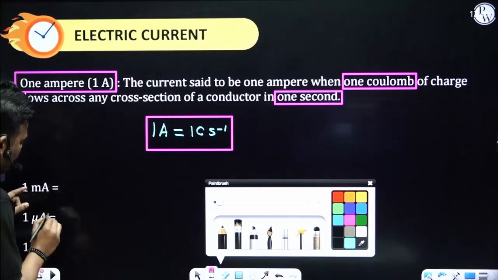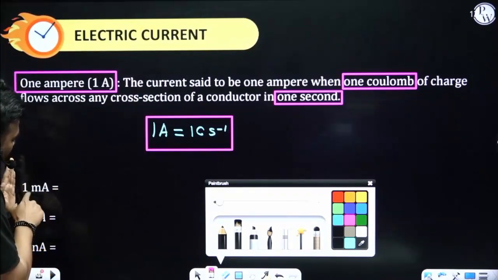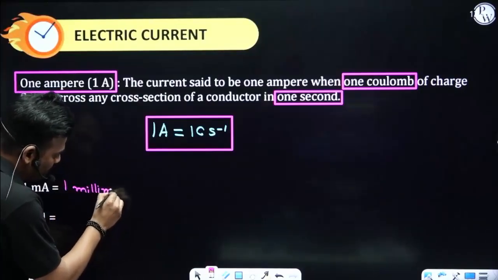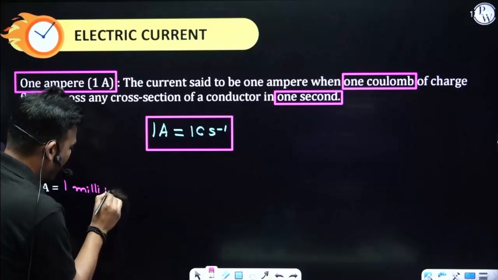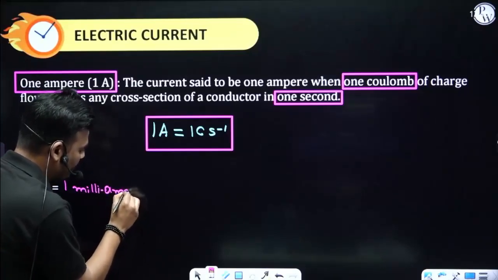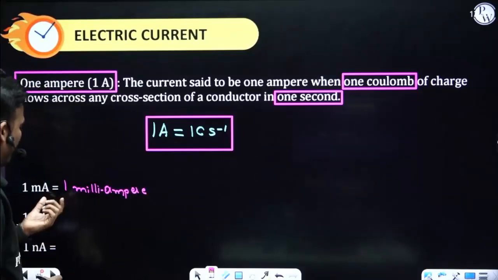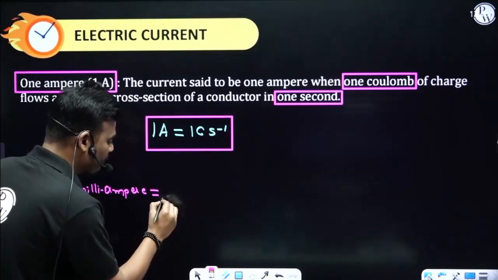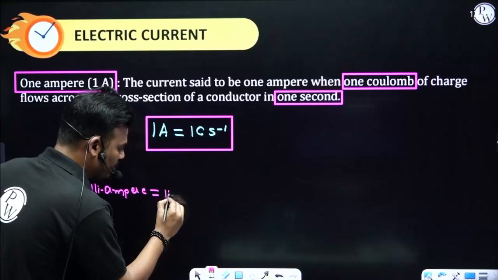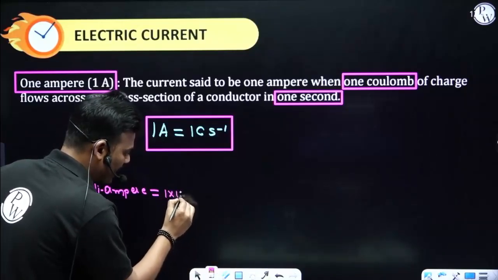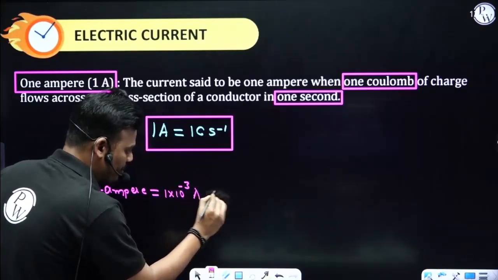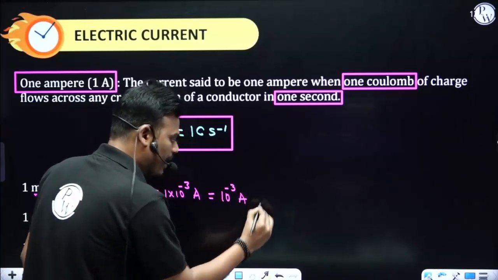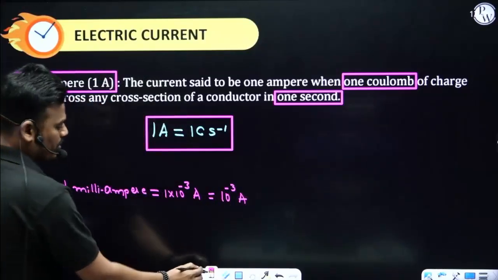1 mA, that is 1 milliampere. How to read this one? 1 milliampere, with a small letter m, can be written in terms of ampere as 1 into 10 power minus 3 ampere, or directly 10 power minus 3 ampere.